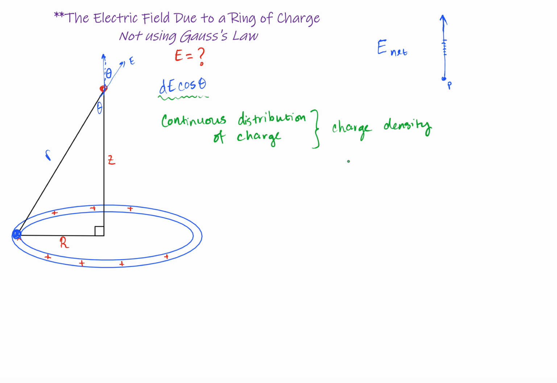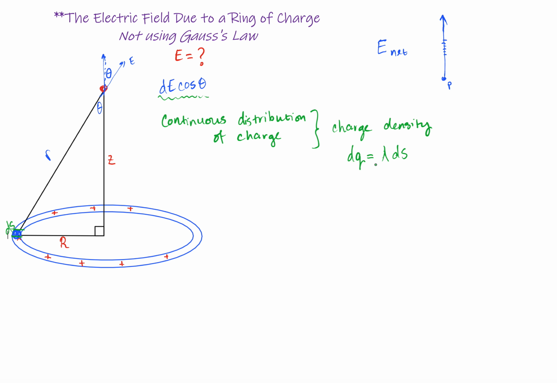And so what we're going to say here is that any tiny little piece of charge, which I'll call dq, is going to be equal to, and here we're dealing with a linear charge density, lambda times ds, and ds stands for a tiny little sliver, a tiny little arc length, which of course is exaggerated here in size.